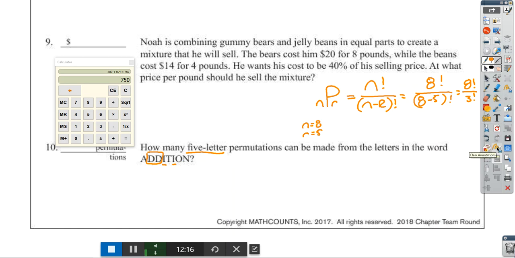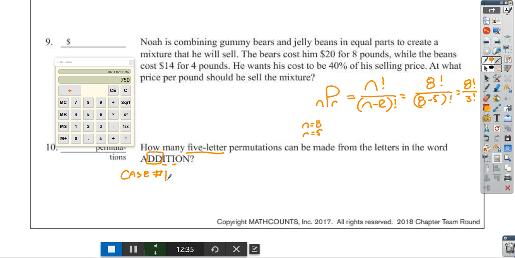So what we need to do is come up with some different situations. Let's talk about case number 1. Case number 1, well, we have 8.